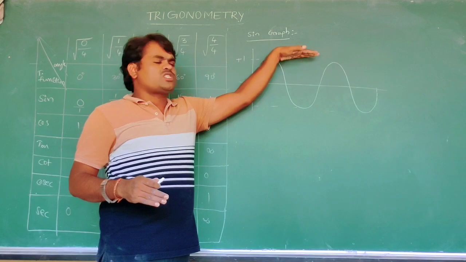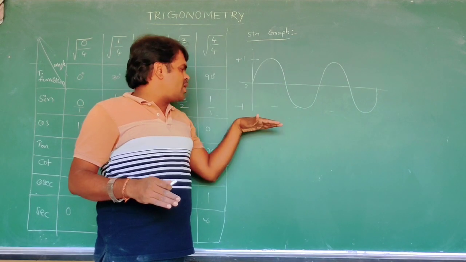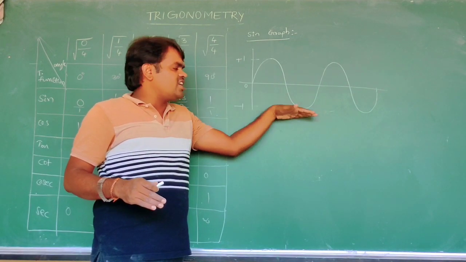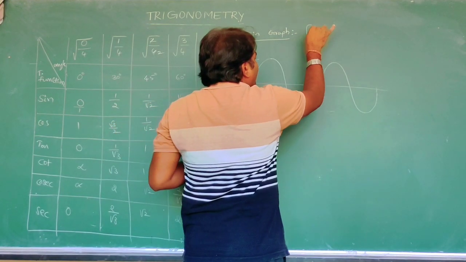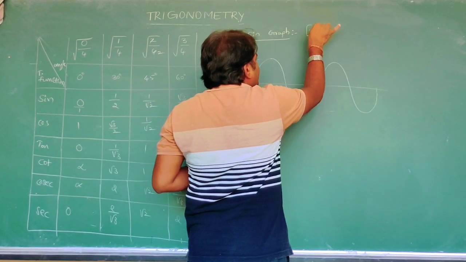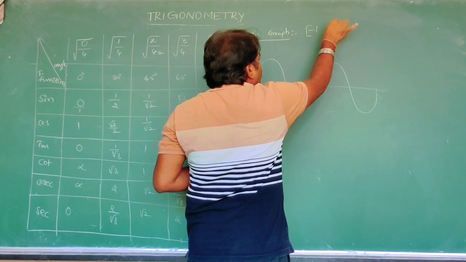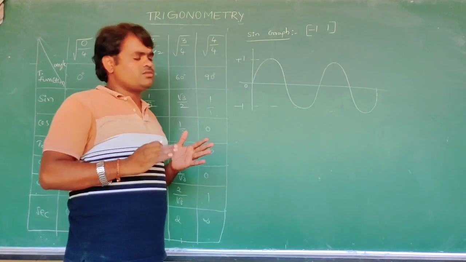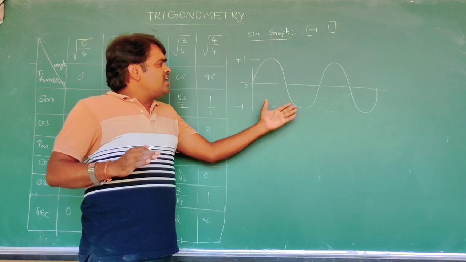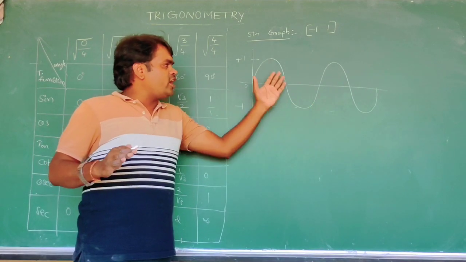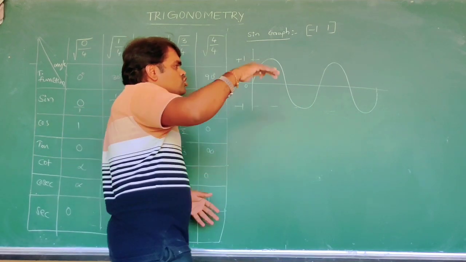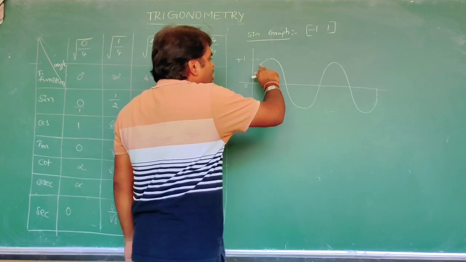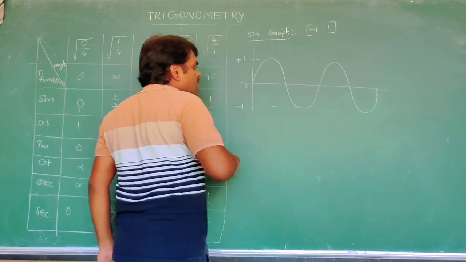The peak value on the positive side is +1 and on the negative side is -1. Why? The range of sine values lies between -1 and +1 only. That's why the sine graph is like a sinusoidal wave, because it alternates between a positive half cycle and a negative half cycle. It goes on like that.